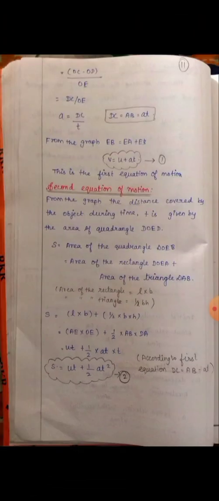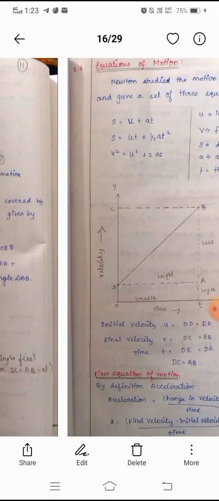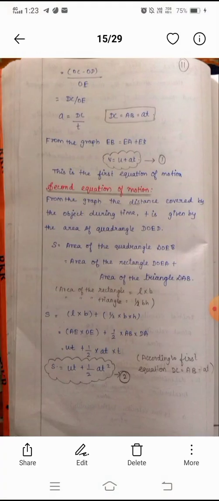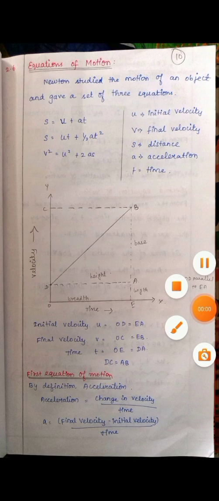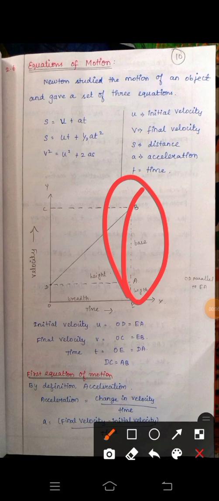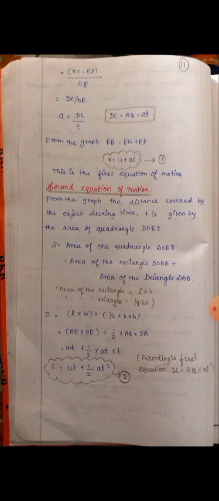Look at the diagram: AE is the length, and OE is the breadth. So AE into OE, plus half into the base AB and the height DA. AB is the breadth and DA is the height.